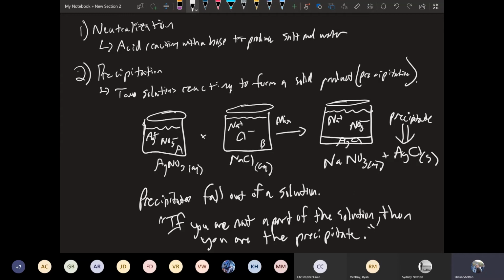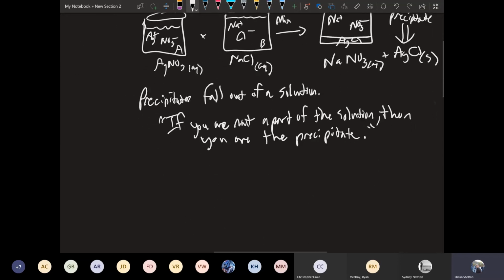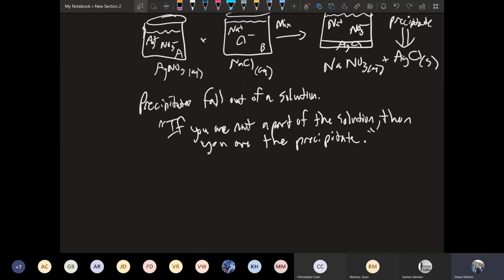So we're going to look at solubility rules next time. You guys kind of saw something similar to this in the lab where we talked about soluble versus insoluble. We're going to do more with that next week. The reason why I say this is because we can apply the same solution stoichiometry with this as we did in the previous problem. So I'm going to write down this reaction we just looked at. So AgNO3 reacting with NaCl.